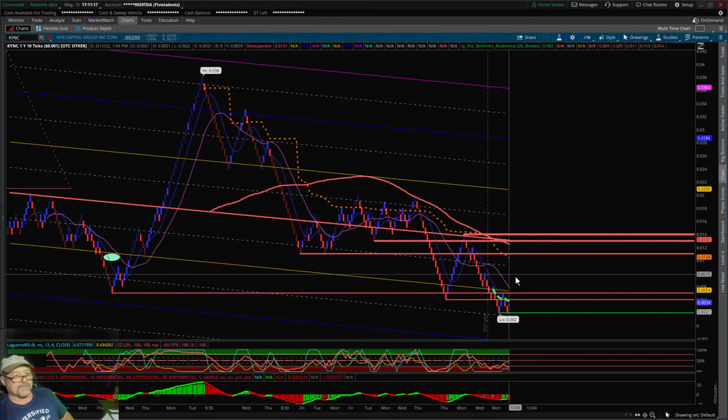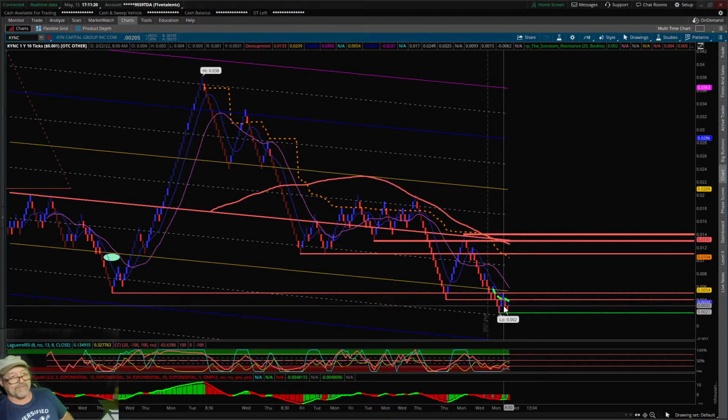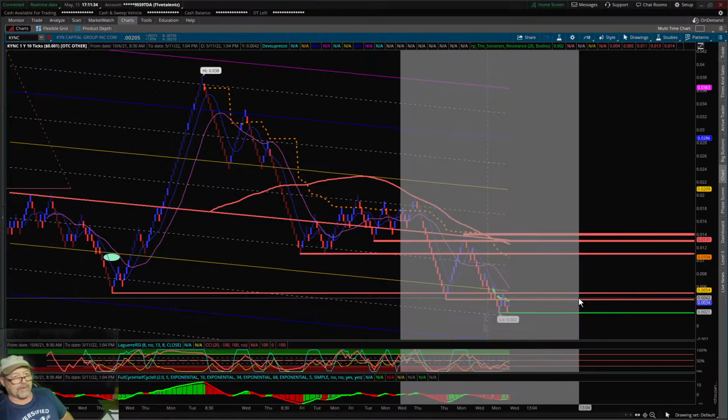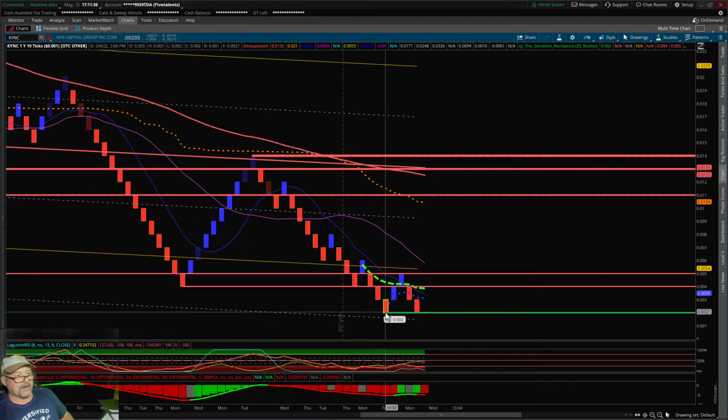Stage three reversal pattern, or stage one reversal pattern, where we're bottoming out. We might consolidate, and then we might have to wait a while for it to get above the 014 area. But that'd be a heck of a way to do things. But right now, we just are bottomed out.